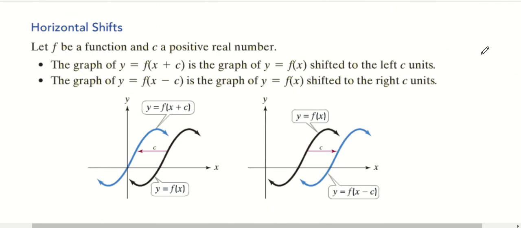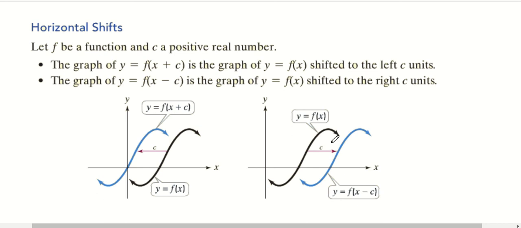Okay. So let's summarize this with horizontal shifts. If you have a c value, let's say it's a positive number, then if you're adding c on the inside of a function, that's going to shift the graph to the left c units. And if you subtract a positive value c on the inside of a function, the effect is that it's going to shift the graph to the right c units.